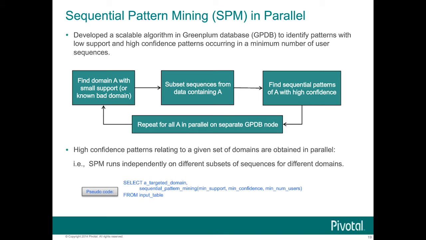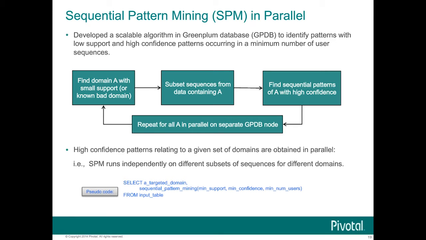Then we go to the second pair of domains, that is 2 item domains, say AB, BC, and stuff like that. Using the property that support and number of users follow the monotone property, we can say that only the 2 item domains that are occurring from the frequent 1 item domains would be frequent.